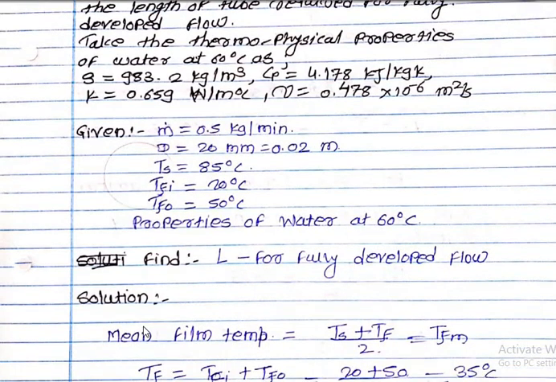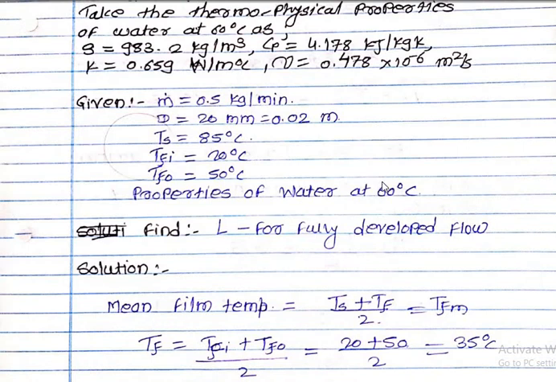Initially we have to check whether these properties are suitable for our problem or not. So we have to find the mean film temperature, because we have to consider the properties of a fluid at the mean film temperature. The mean film temperature is surface temperature plus fluid temperature divided by 2.